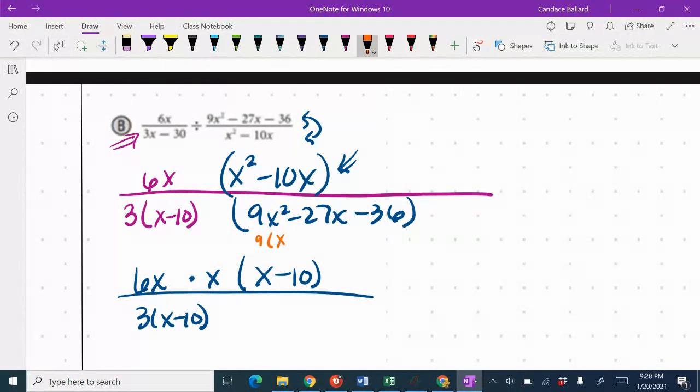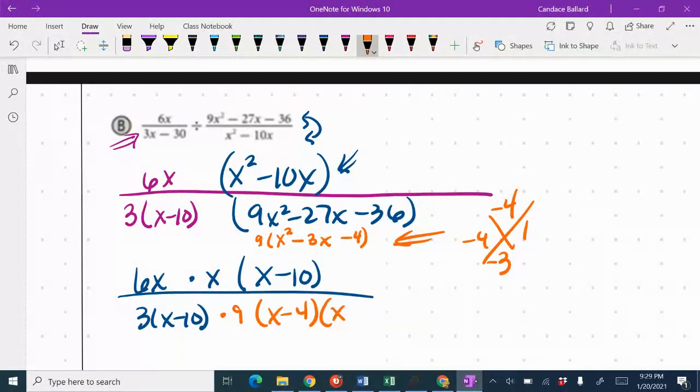So if I pull out a 9, I'd be left with x squared minus 3x minus 4, which is way better, right? So that 9 is going to get written down, and I'm going to do a magic X on this piece. Two numbers that multiply to -4 and add to -3 would be -4 and 1. So we get x minus 4 times x plus 1.